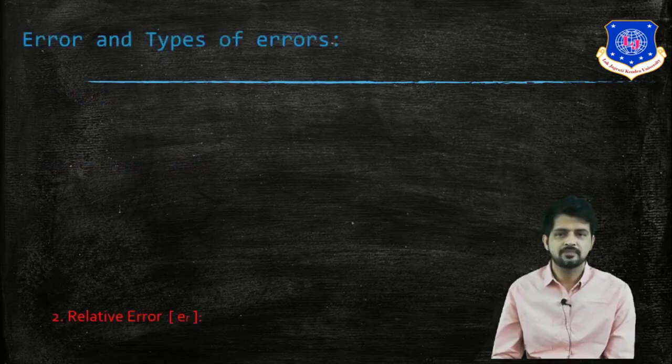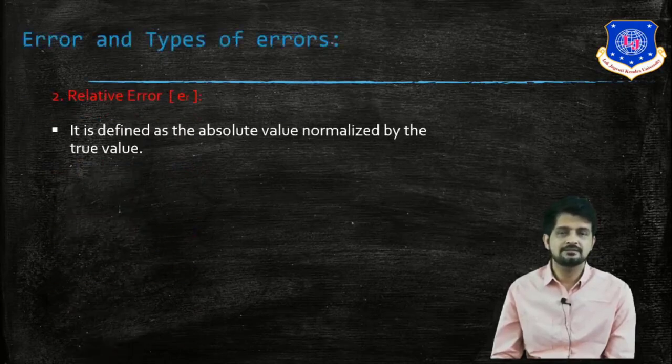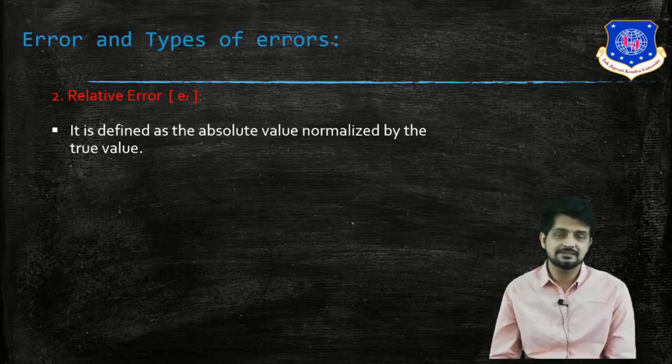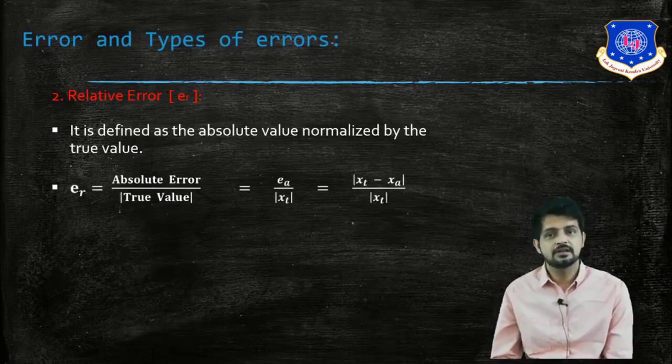Fine. Now next type of error is relative error. Now what is the meaning of relative? We are relating the absolute error with some value, and which is that value? So we are relating the absolute error with the true value. So if I want to define ER, that is relative error, it can be given as absolute error divided by true value.